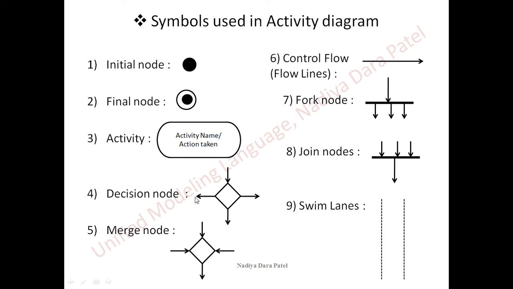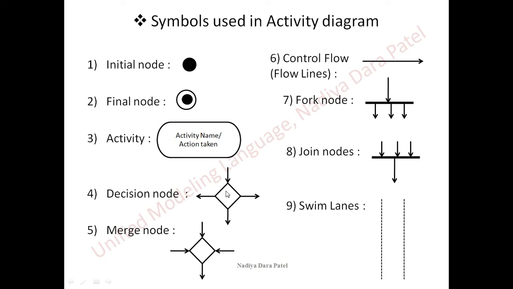Further you have the decision node. If you observe this decision node, it has some incoming arrows and some outgoing arrows, and we are going to fulfill some conditions before traversing further.